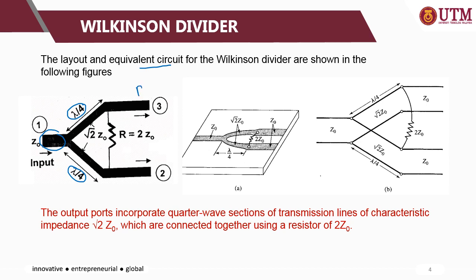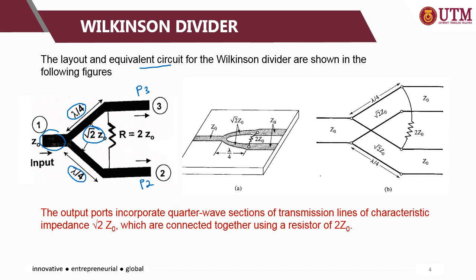So this is port 3 and also port 2. There is an additional lambda over 4 element included in parallel to the T-junction design. Each of these lambda over 4 transformers has the impedance of square root of 2 Z0.